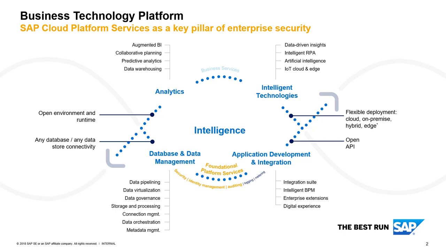In the core, there is a business technology platform with intelligent technologies to manage data, apply intelligence, and support both integration and innovation. One foundation of SAP's Intelligent Enterprise strategy is SAP's cloud offering.